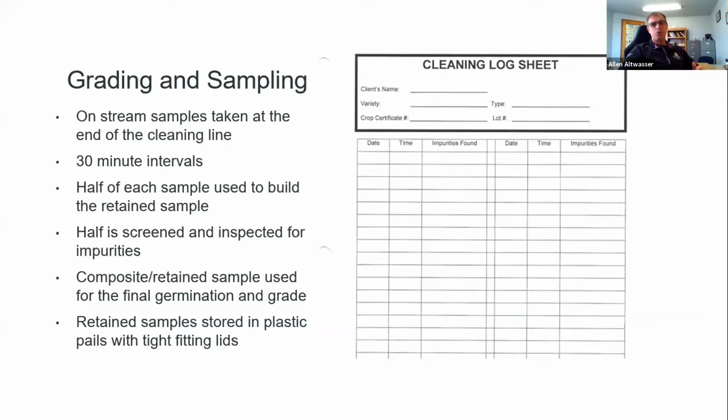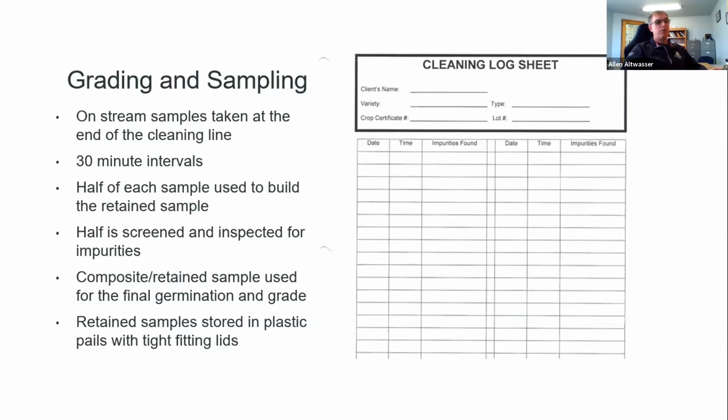It's just a continuous process. We have a clean log sheet where we log the time. Anything we find is labeled with the variety and the lot that's going through. So we keep these records, and if we ever have a question later on, we've got them as another record of what actually went on in the seed plant.